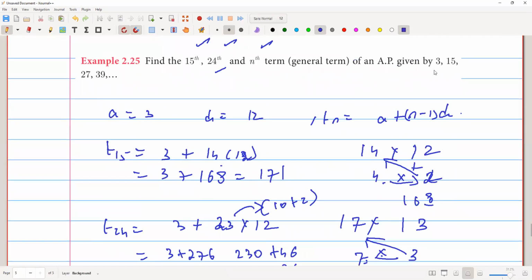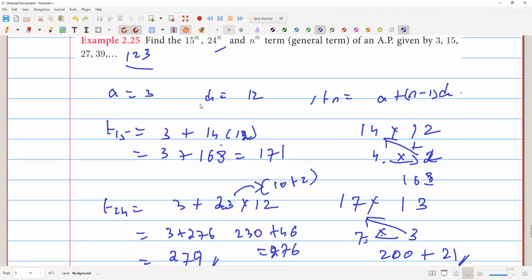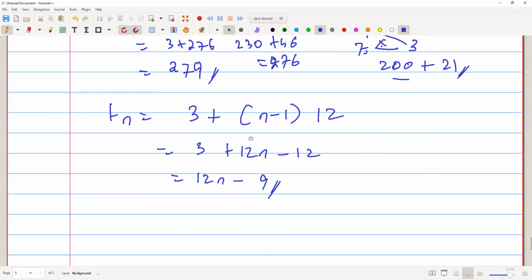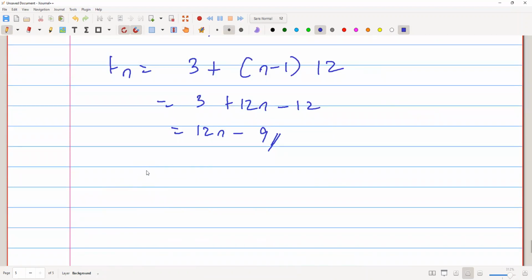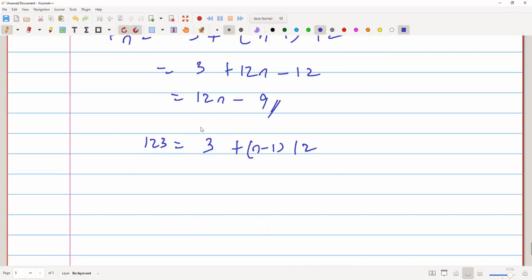Let's take this example itself. 3 plus 12, 123. What term is 123? I'm asking. So I may substitute here: 123 equal to first term A, 3, plus n minus 1 into D, 12.